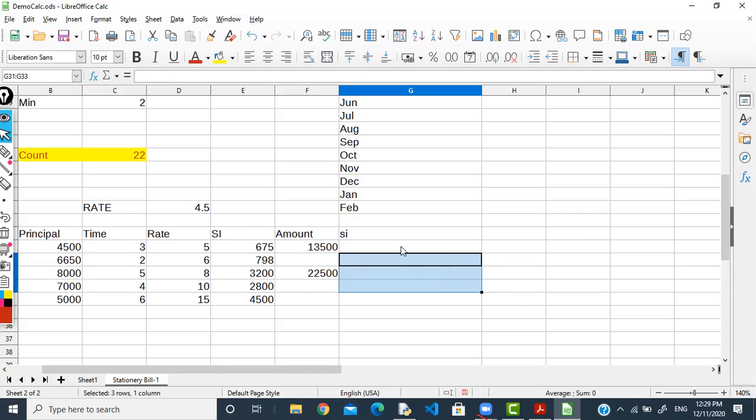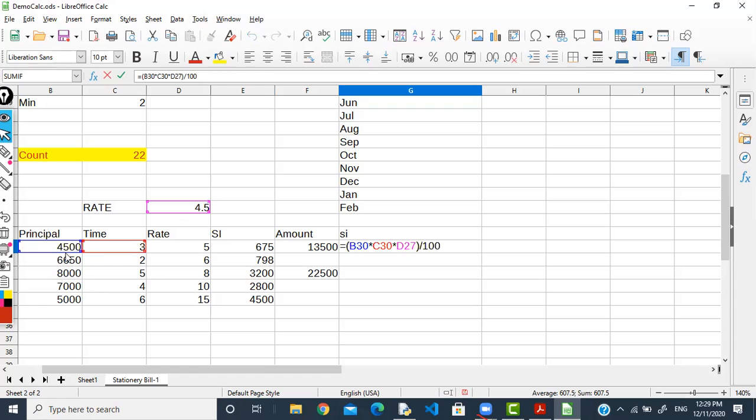This is the principal amount, and this is the time. I put the multiply sign here, and next I multiply by this rate of interest, and divided by 100. Fine, this formula is working fine.